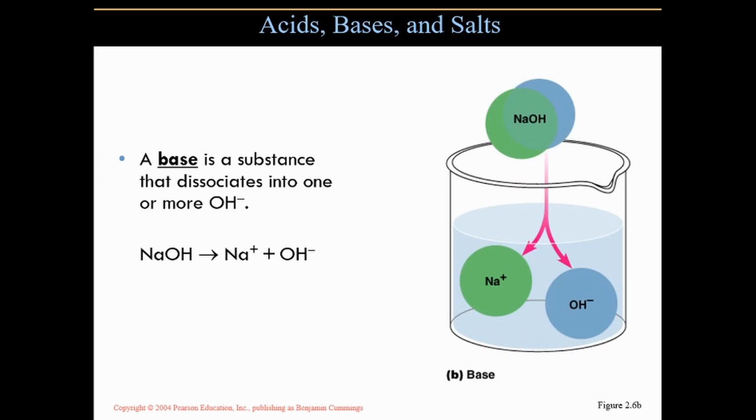On the other hand, a base is a substance that dissociates into one or more what are called hydroxide ions, or negatively charged ions. In the example of sodium hydroxide, put it in water and it'll break down into sodium ions and hydroxide ions. And so that's what we call a base.